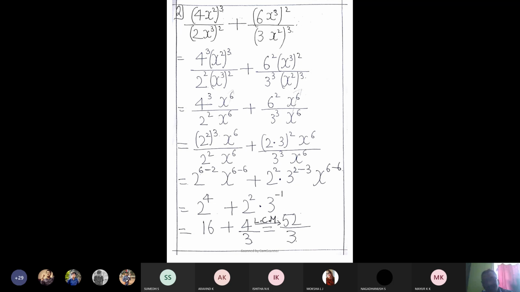I am just giving you a kind of orientation, a kind of awareness and understanding about the application of laws of indices. Our focus is to make you aware of the application of proper laws. That's it.